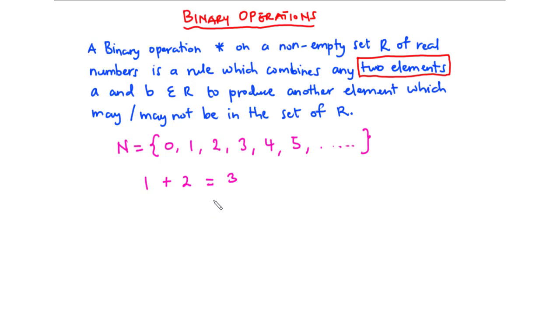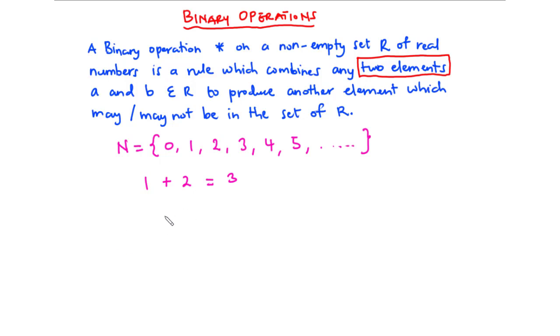In this case, we say that the mathematical operation addition has been performed on the two elements in the set N to produce another element, which is 3. So basically, binary operations are rules which combine any two elements in a particular set to produce another element which may or may not be in the defined set.